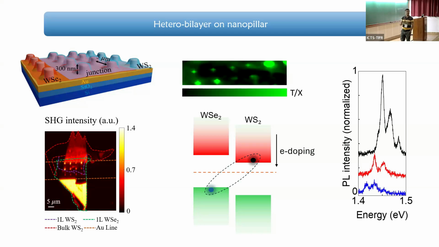This is one interesting feature, and I guess it is open for discussion how such a strong SHG signal comes out from this highly strained heterobilayer. Of course, there is an inversion symmetry breaking, but beyond that, if something else is happening, it is worth looking at.